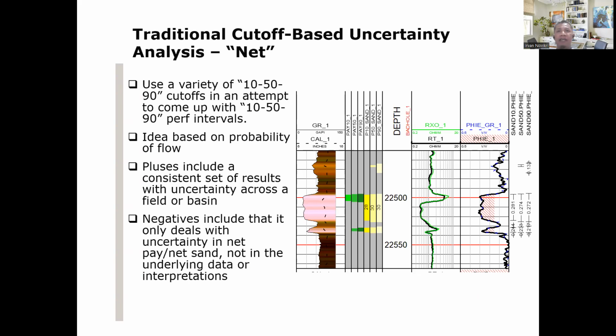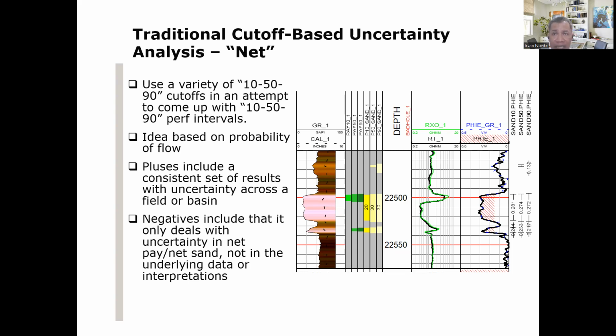Traditional cutoff-based uncertainty analysis, specifically focusing on the net aspect, involved using different cutoff values such as 10, 50, 90 percentile, to estimate pay intervals and quantify uncertainty in the net pay or net sand.